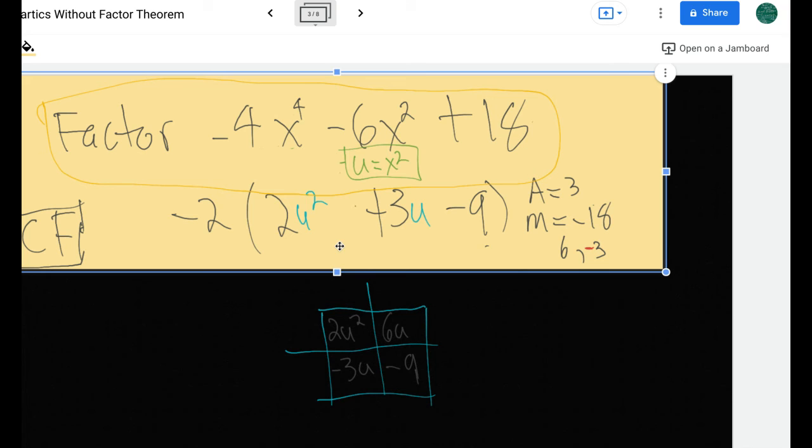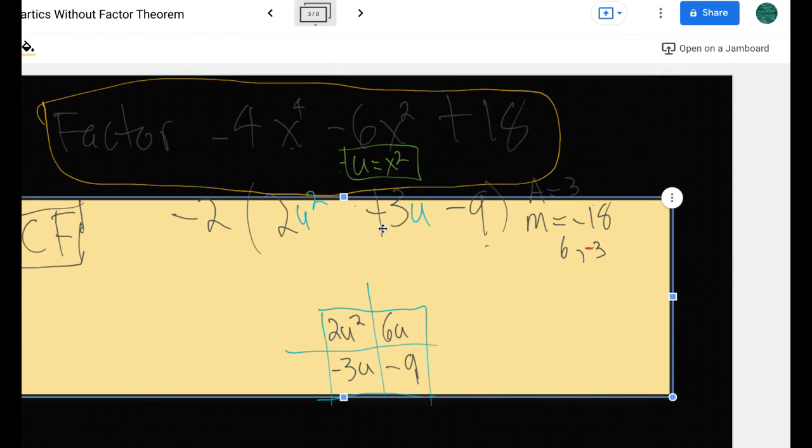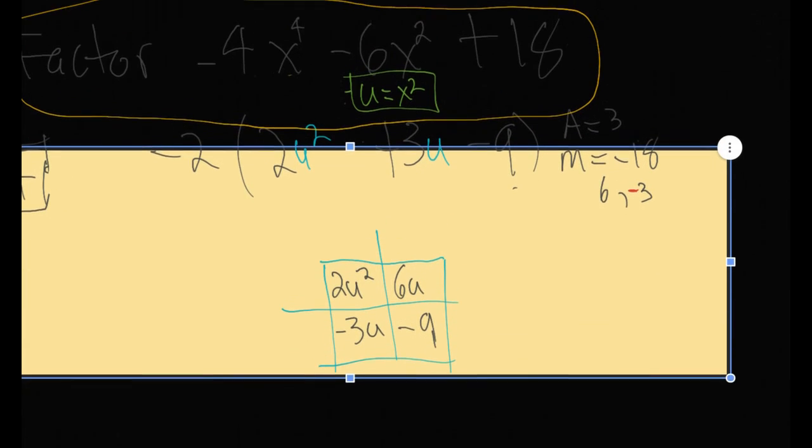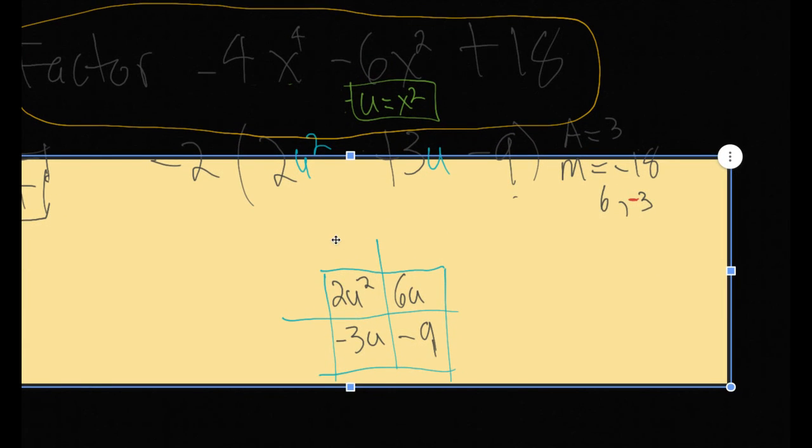Now, what I'm going to do here is I'm going to take that and put it into the grid. And so I just write it. Doesn't matter as long as I have the u squared term in the top left and the constant in the bottom right. I then go factor horizontally and divide vertically. Okay, factor horizontally, divide vertically.